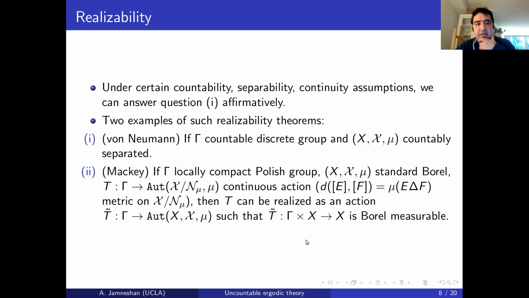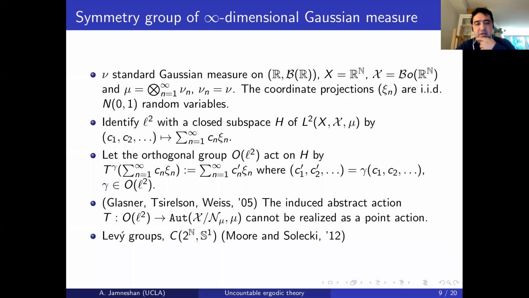Okay, but now let's see a counterexample, and this counterexample is somehow a very natural example. It concerns the symmetry group of an infinite dimensional Gaussian measure. Suppose nu is a standard Gaussian measure on the reals, and consider the infinite dimensional Gaussian measure on R^N, this sequence space, which is just an independent product of these one-dimensional standard Gaussian distributions.